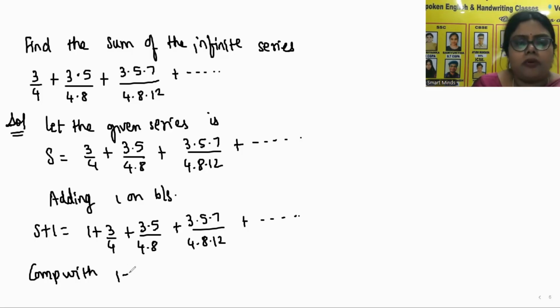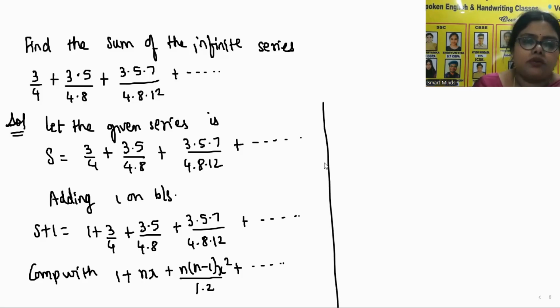What is the standard form? 1 plus nx plus n into n minus 1 by 1 into 2 into x square plus so on. So if you compare these two equations, in the place of nx you have 3 by 4. Let us take this as equation number 1.